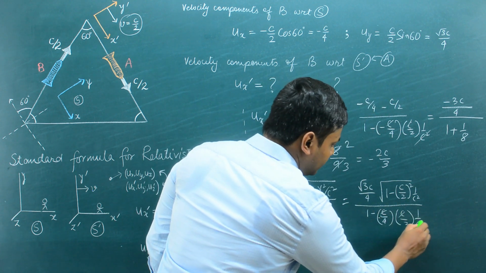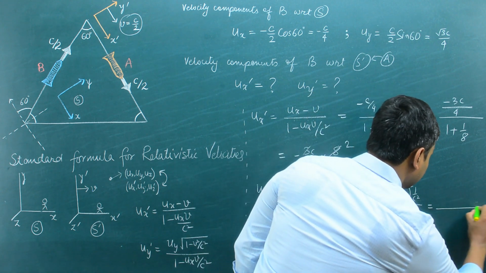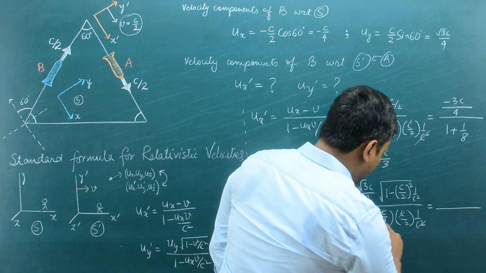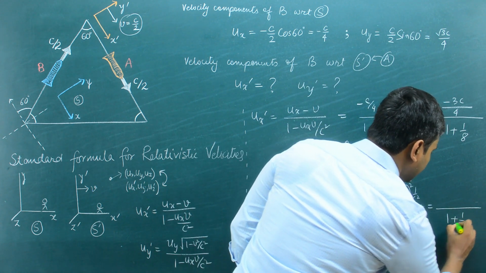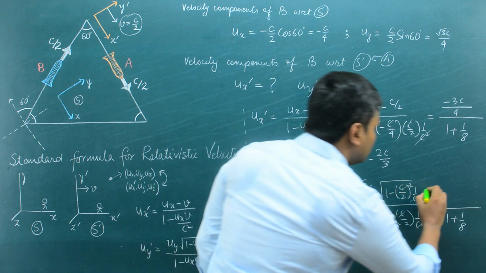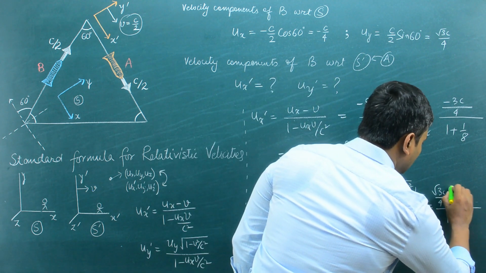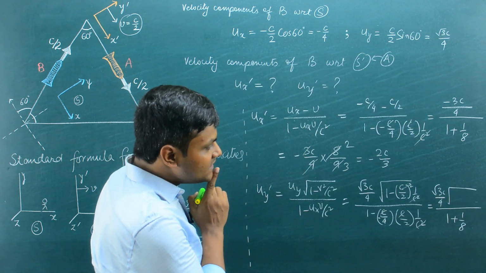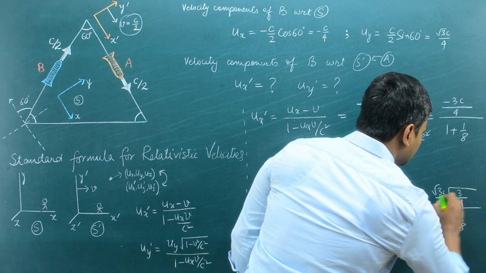So the c square here gets cancelled, and finally in the denominator I have 1, and there is a minus sign here, so 1 plus 1 upon 8. In the numerator I have root over 3 c upon 4, and in the root I have 1 minus 1 upon 4, so that becomes 4, and here I have 3.